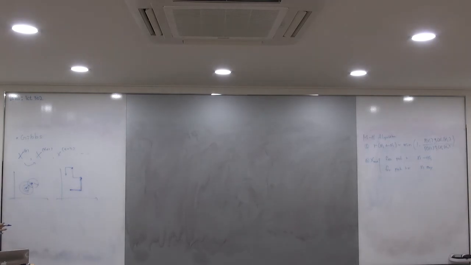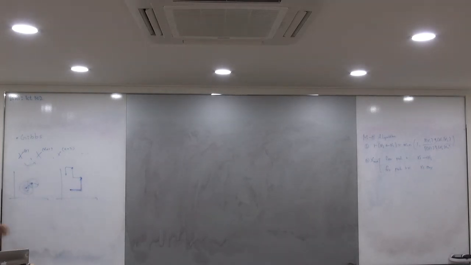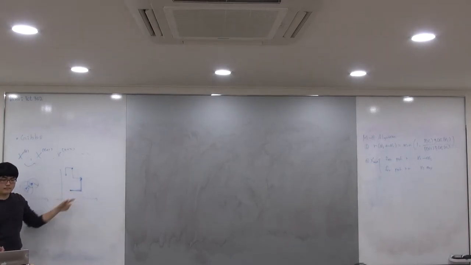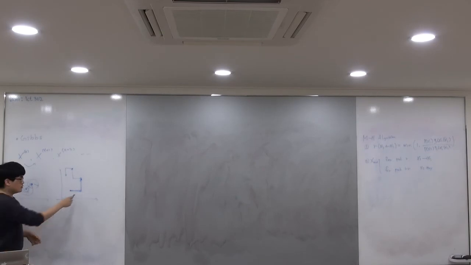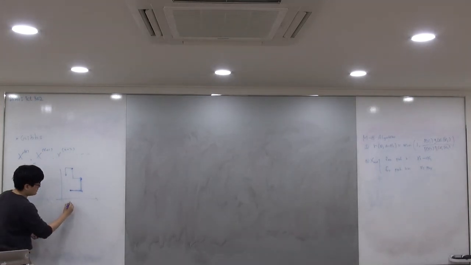What's good about this algorithm is that you only consider one dimension. Even if you are in a 100-dimensional space, you take a one-dimensional step. So to get from here to here, you just sample from a single dimension.